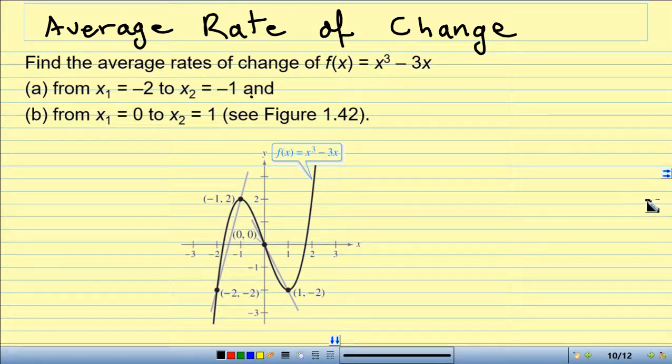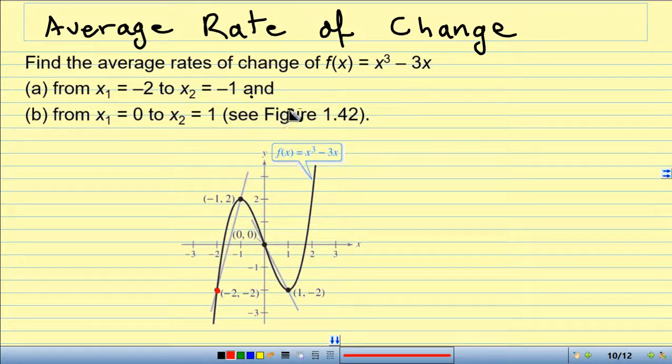They're going to be like, what's the average rate of change from x1 equals negative 2 to x2 equals negative 1? Okay. What they're meaning is you've got the point of negative 2 and you find the y value. So it's negative 2, that's the y value. And then you find the y value of this x value.